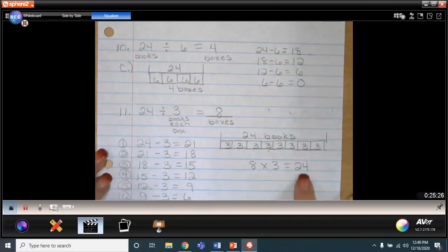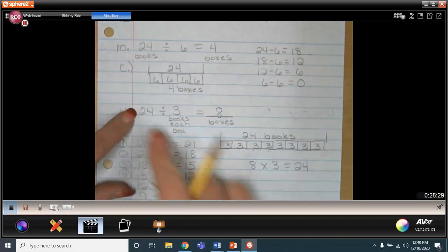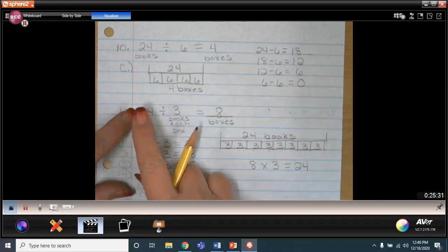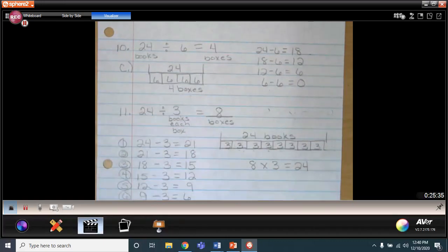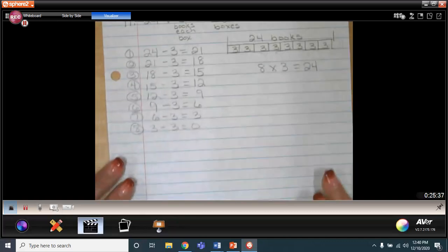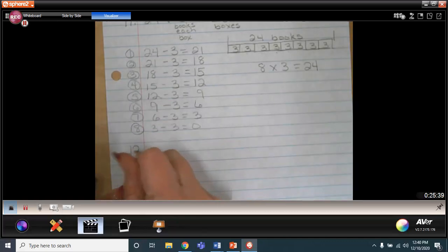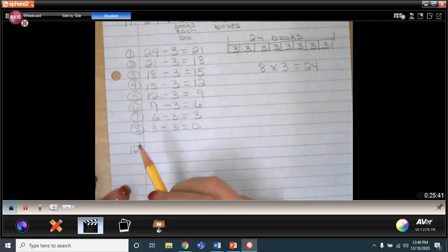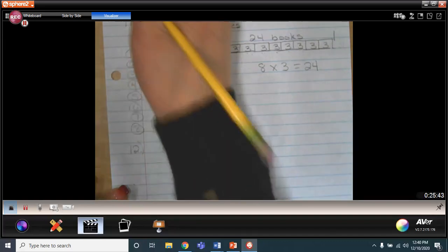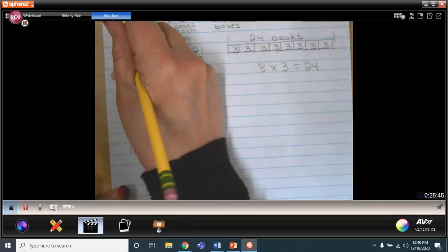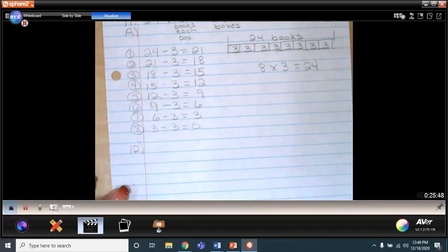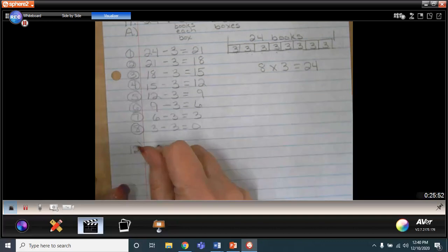So again, here's your 24 to start with for your division sentence. We always start with our total that we're breaking apart. Number 12, and this would be A, so this was A for our answer here. Number 12 is going to be 24 books.